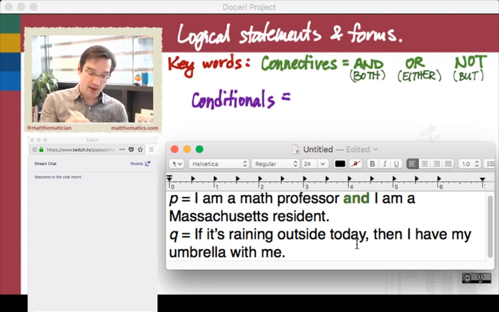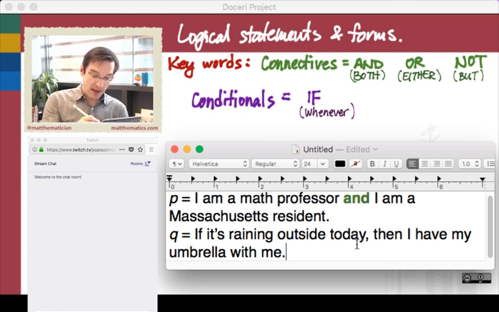The key words that indicate a conditional structure are words like if. If is sometimes accompanied by emphasis words like whenever. But if tends to be the clue word that clues us into a conditional structure very often. And if gets paired with words like then.